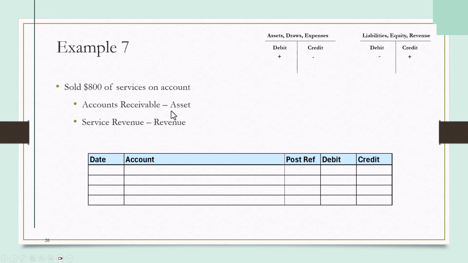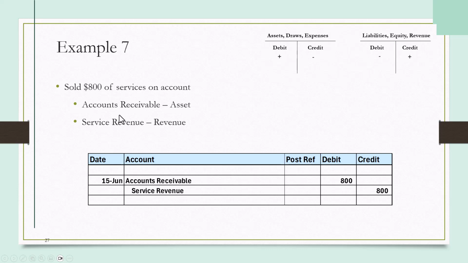So accounts receivable is considered an asset. And then of course, this would also be recorded in service revenue. They've earned the revenue regardless of whether they've received the money or not, but they just haven't actually received the money to checking.